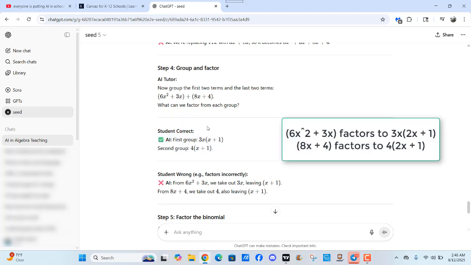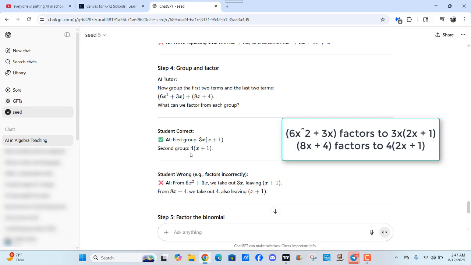Why do I say that? Look at this group here, 6x squared plus 3x. We can factor a 3x out of both terms indeed, but after you factor the 3x, you're left with 2x plus 1, not x plus 1. Look at this one, 8x plus 4. We can indeed factor a 4 out of both terms, but you're left with 2x plus 1, not x plus 1.